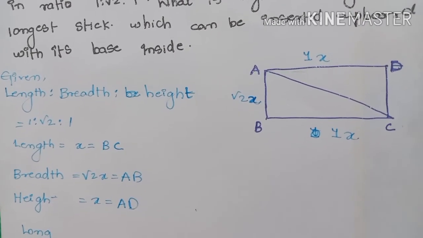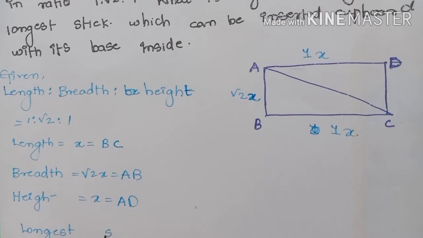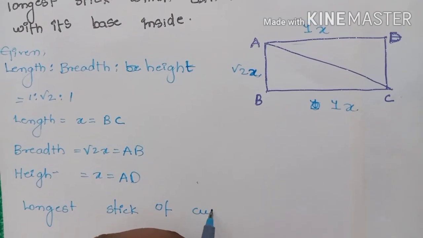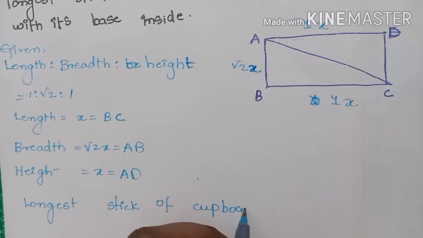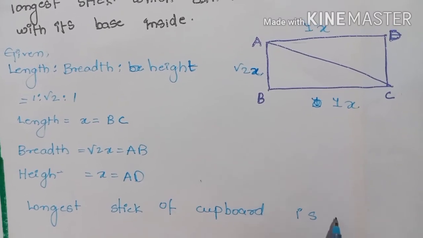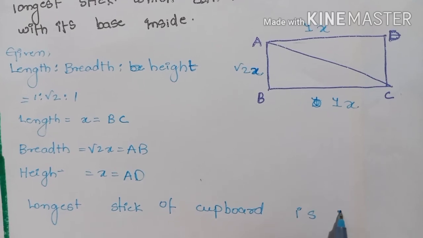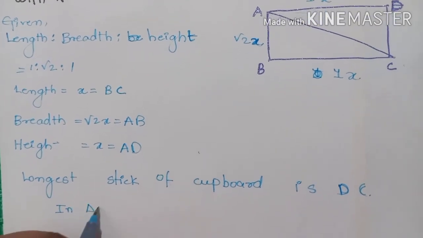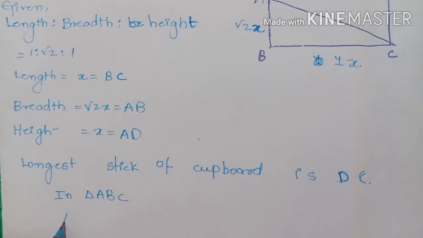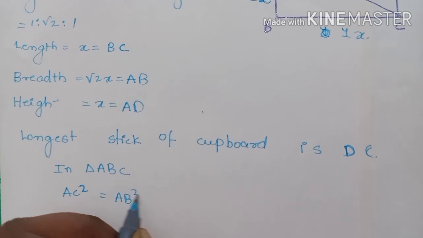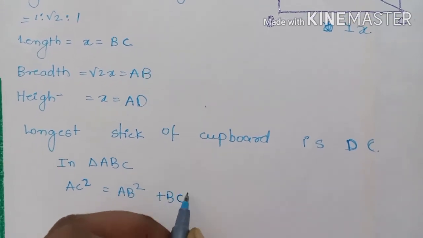Longest stick of the cupboard, so let us consider the longest stick of the cupboard is DC. So in triangle ABC, from Pythagoras theorem we know that AC square is equal to AB square plus BC square.